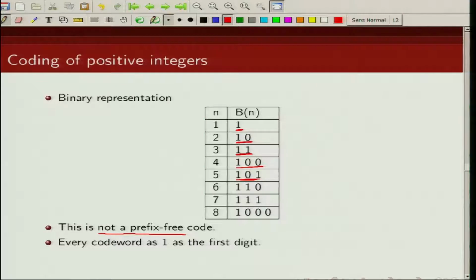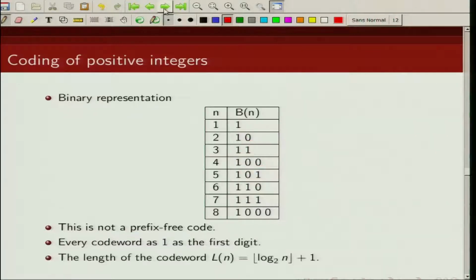Now what is the good part about this binary representation? The number of bits required to represent the number is small. The codeword length can be given as floor of log n to the base 2, plus 1.